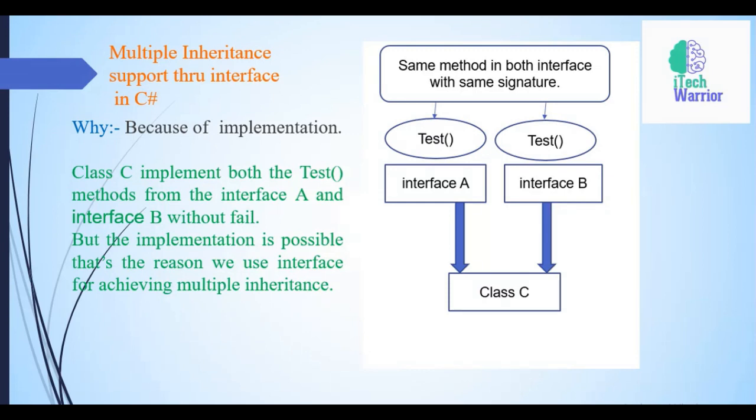That's the reason we cannot achieve multiple inheritance by classes. So that's the reason we use interface for achieving multiple inheritance in C#.